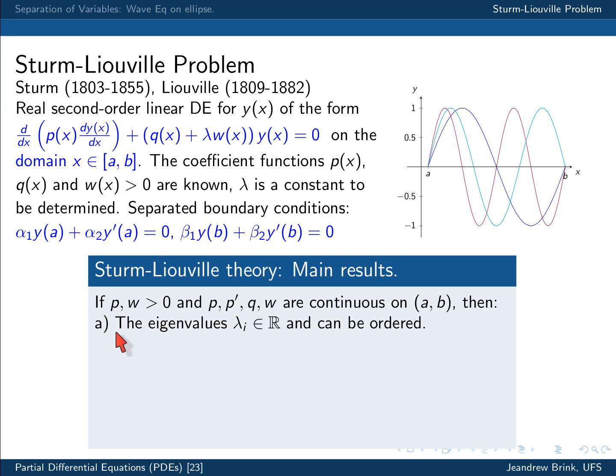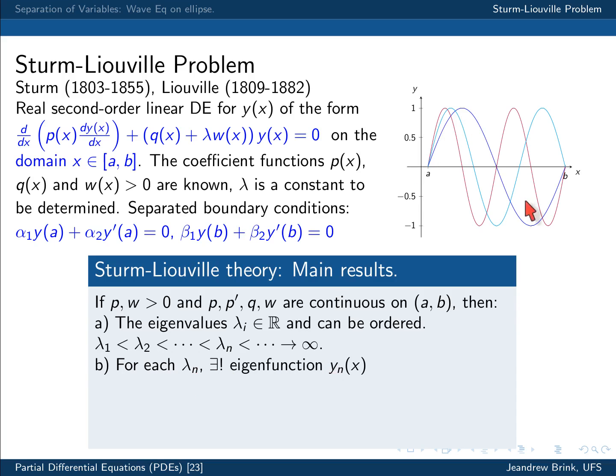So this is the first main result of the Sturm-Liouville theory: the eigenvalues lambda i are real and they can be ordered. In other words, you have eigenvalue 1, which is less than eigenvalue 2, all the way up to infinity. For each eigenvalue n there's a unique eigenfunction, which corresponds in this example to a sinusoid, psi n of x, and it has exactly n minus 1 zeros.